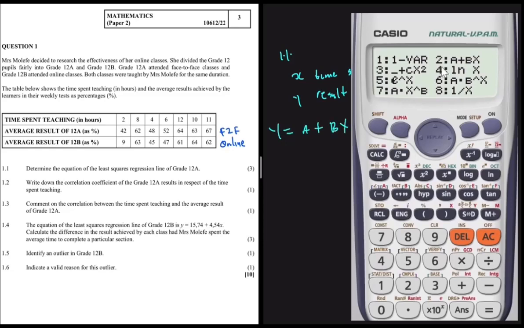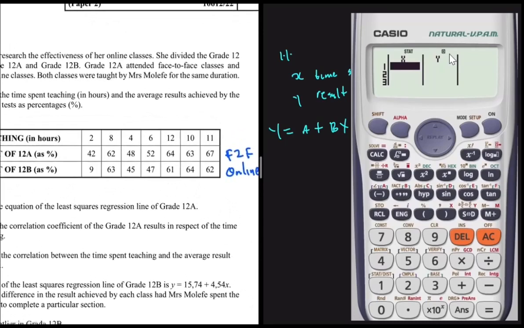So we're going to press 2 to open this tab. When we press 2, we have x and y. Our x is going to be the time spent teaching, and our y is going to be the average results for the class, 12A.